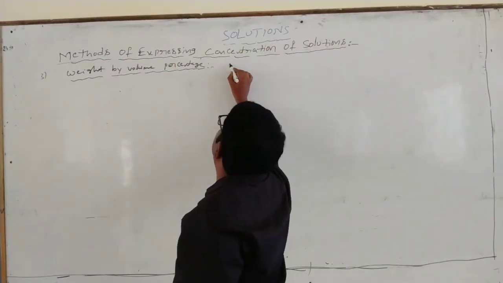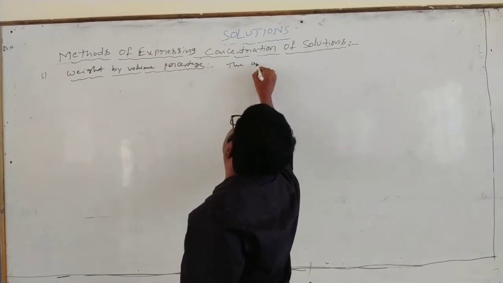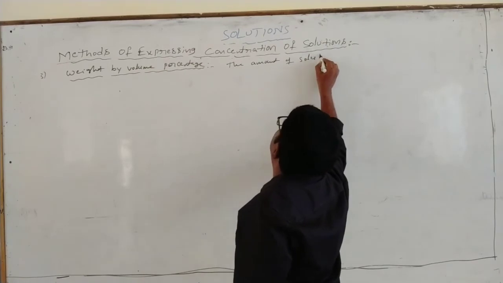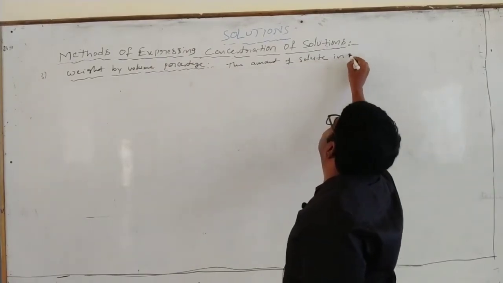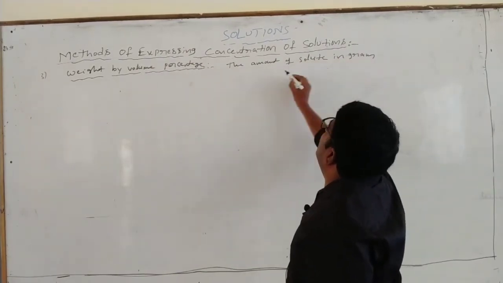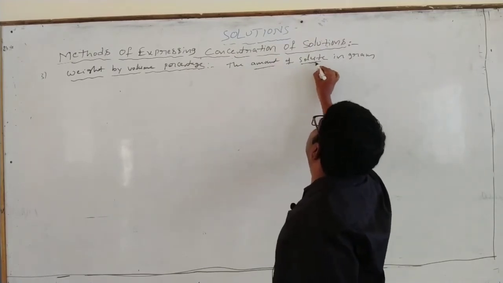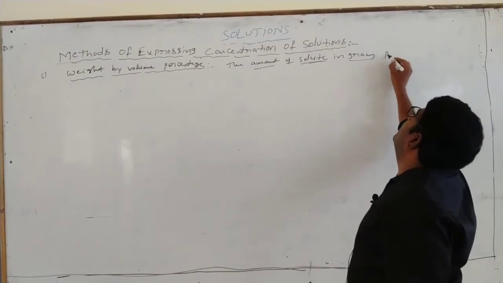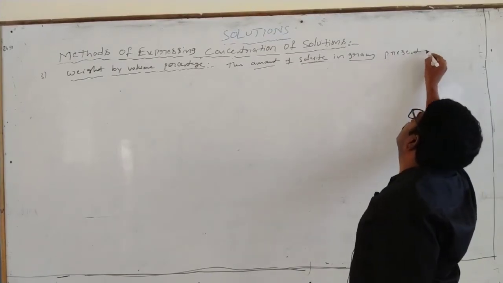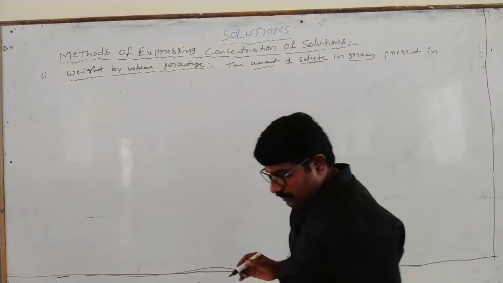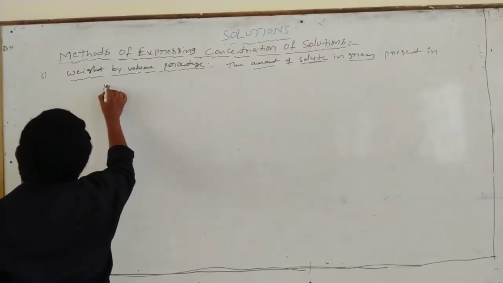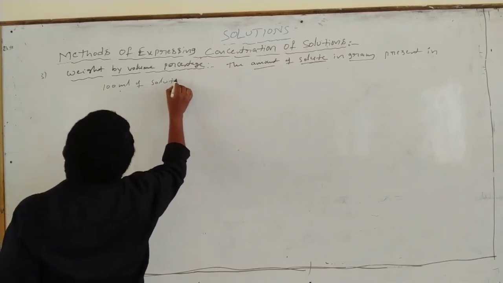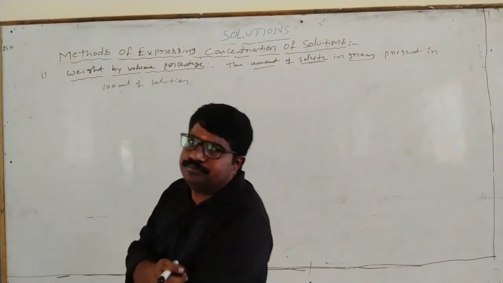So the amount of solute in grams, here the amount means in grams, of solute present in 100 ml of solution.